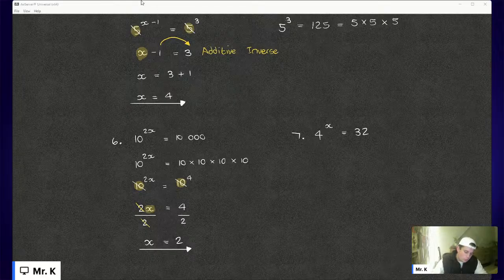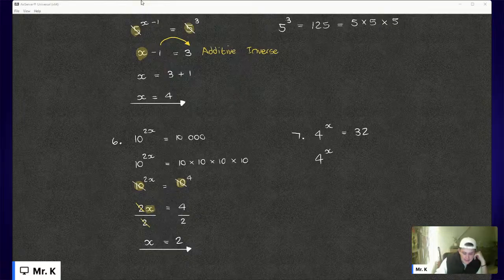So looking at 4 to the power of x is equal to 32, what is the problem that we run into? Well, we can leave 4 to the power of x as is, but what do we need to do with the 32 now?